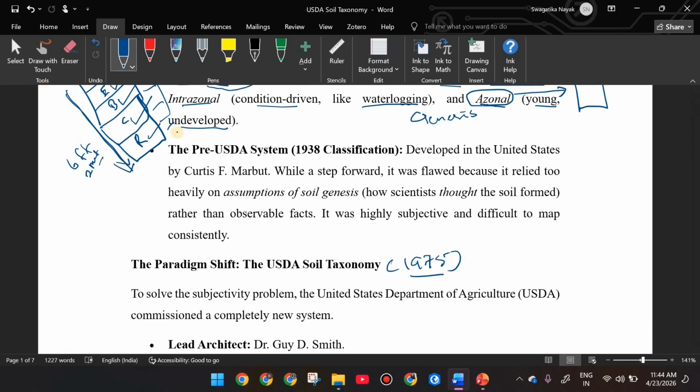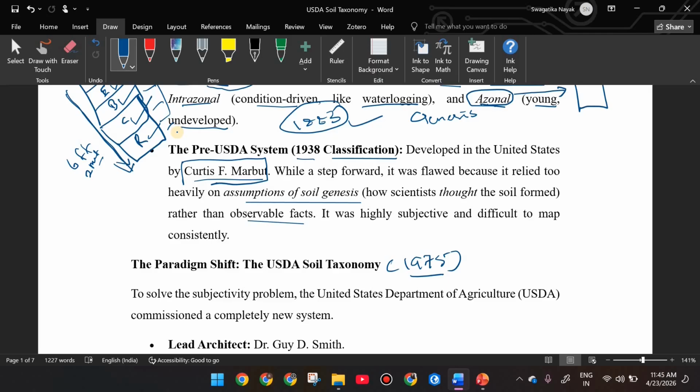After Dokuchaev's classification in 1883, another classification emerged, the pre-USDA system, the 1938 classification, developed in the United States by Curtis F. Marbut. While a step forward, it was flawed because it relied too heavily on assumptions of soil genesis, how scientists thought the soil formed, rather than observable facts.